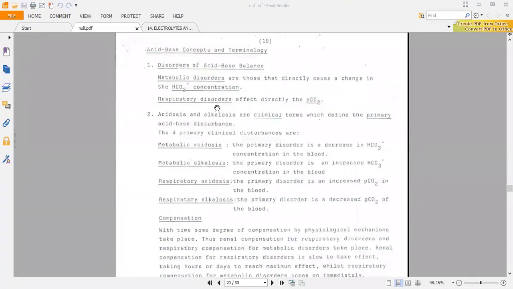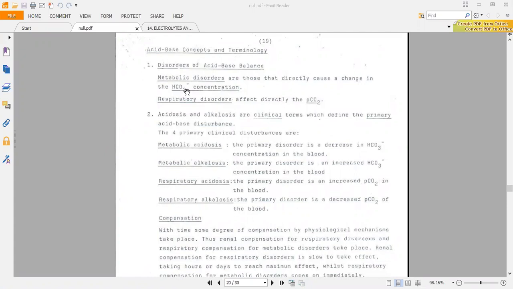So that's why we're saying that the respiratory disorders directly, this is the word, directly affect the partial pressure of carbon dioxide. And metabolic disorders also directly cause changes in the bicarbonate concentration. This is the first principle that you need to know. Respiratory and then metabolic, okay?